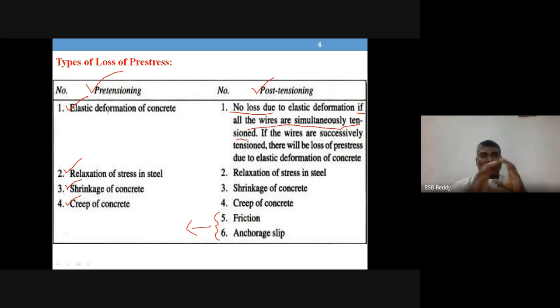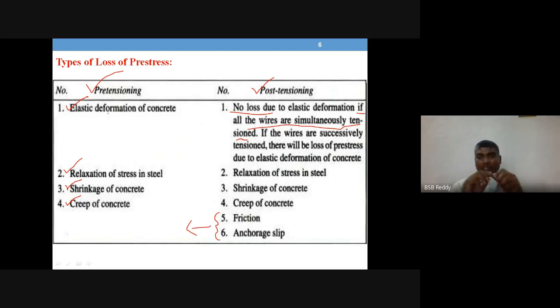Say you have a duct provided in the post-tension member, and for example you have five tendons in that duct. If you place all five tendons in the jack and pull them simultaneously, then there won't be any elastic deformation in the concrete, so no losses in the pre-stress.